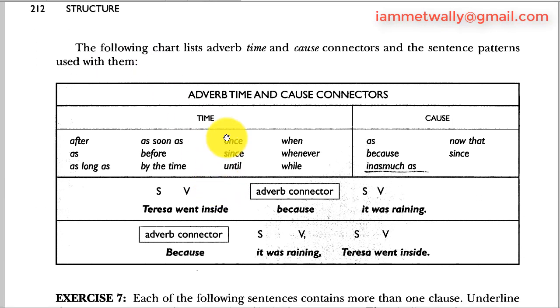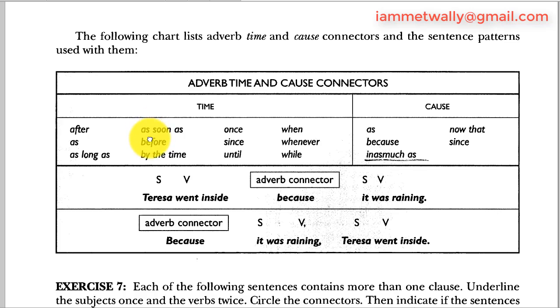The following chart lists adverb time and clause connectors and the sentence pattern used with them. Let's read it. Adverb time and clause connectors. For time, I have after, as long as, as soon as, before, by the time, once, since, until, when, whenever, while.